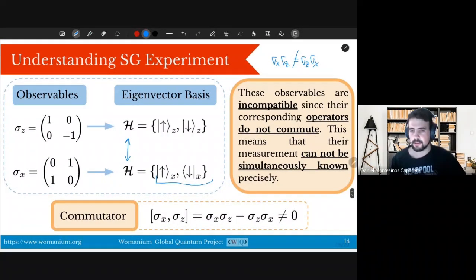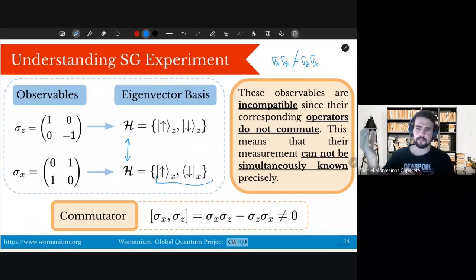Basically, the idea is that you can say my system has the eigenvalue up in the z direction, or down in the z direction, but it cannot be up in the z direction and down in the x direction, for example. It cannot have a concrete state in one direction and also in the other one. It can only be defined in one of the directions, and this has to do with the commutator properties, that the operators don't commute.